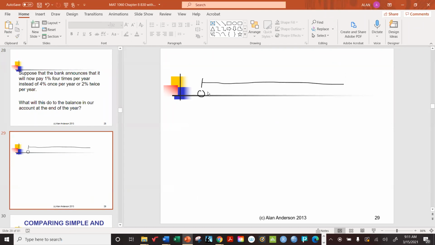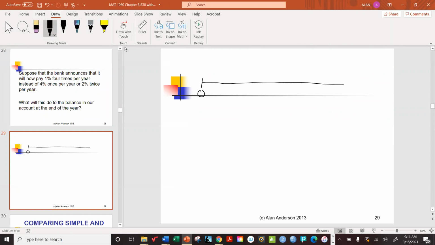So we'll start here, and then maybe I can do it twice, 2 at a time. How about if we draw it 6 months here? No, it's not going to work. We could probably fit it in here.